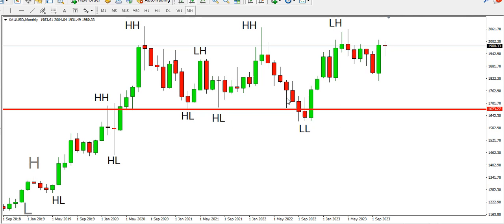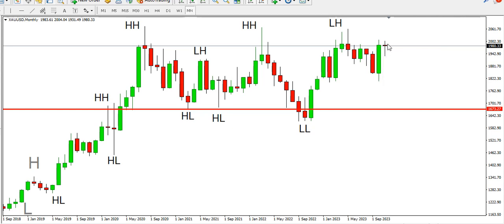Okay, so we have low, high, higher low, higher high, higher low, higher high, higher low, lower high, higher low, higher high, lower low, lower high. Now, do we have two successive bearish candles? Yes, we have two successive bearish. But along the line on this trend, do we have two successive bullish candles for us to establish a low here? No. So it drops here, and this is the last point. This being the last point, the month is still on, it's not closed yet.